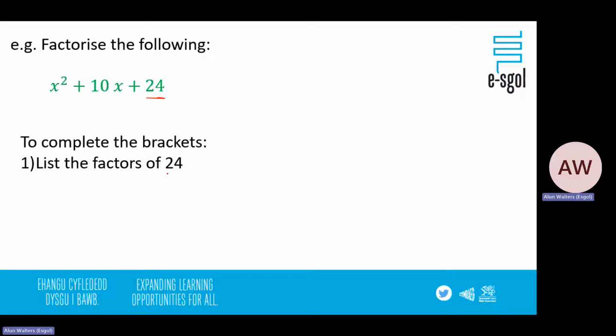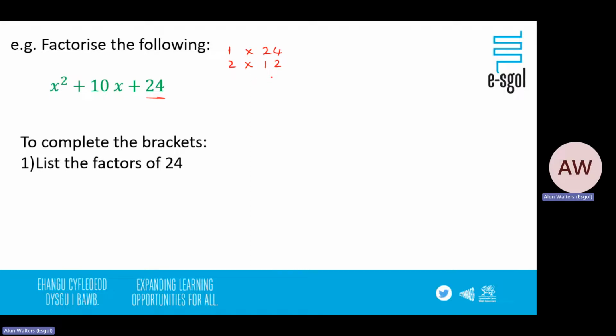So we want to list the factor pairs of 24. So you might do this sort of thing. You might just know all the numbers that go into 24. Sometimes the numbers can be a lot harder, like a bigger value, but one method to consider would be this: 1 times 24. If you can halve 24 to get a whole number, then you double the 1.